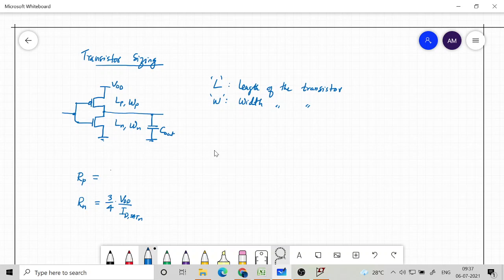Similarly, you can derive an expression for PMOS, where you consider charging from 0 to VDD by 2, and you will get a similar expression. The only difference is that here it will be ID SAT P instead of ID SAT N, where ID SAT P is the saturation current. To be more particular, we have to say velocity saturation.